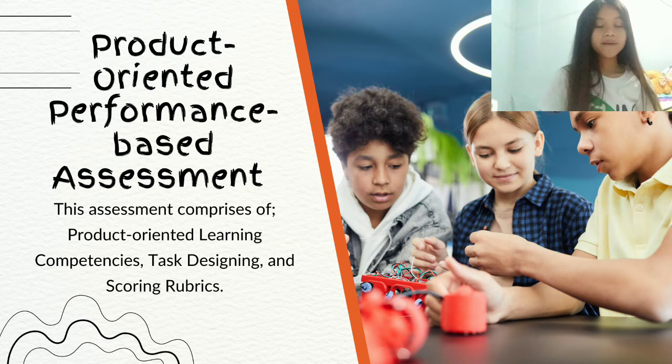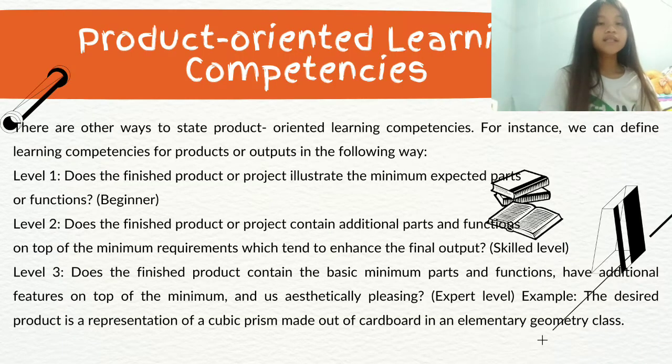So, performance-based assessment has three integral components, which are the product-oriented learning competencies, task designing, and scoring rubrics. Let's move on to the product-oriented learning competencies. Learning competencies associated with products or outputs are linked with an assessment of the level of expertise manifested by the product.